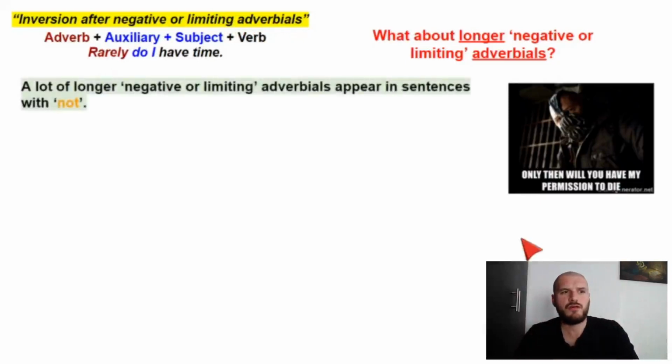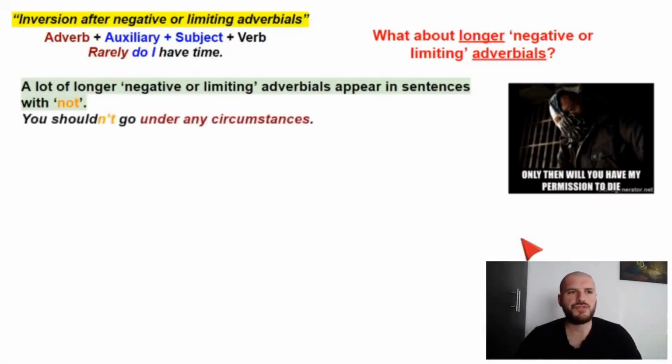So, a lot of longer negative or limiting adverbials appear in sentences with not. What do I mean? Look at this example. You shouldn't go under any circumstances. Under any circumstances is a long negative or limiting adverbial, right? It's a long one. And it's in a sentence with not. Okay, you should not go, you shouldn't go under any circumstances.